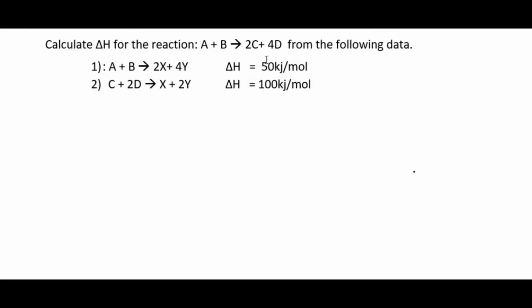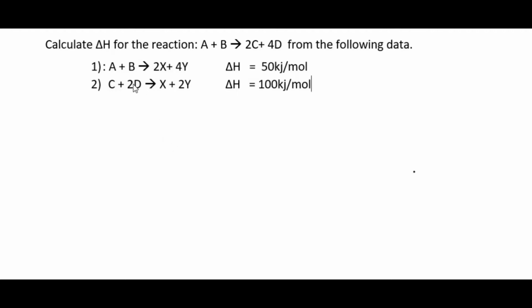So we want to find out the enthalpy of this equation. So we're going to use this. Just like algebra, we have to cancel out the unnecessary terms. So let's leave this as it is.